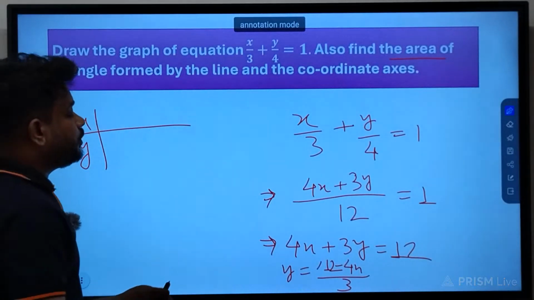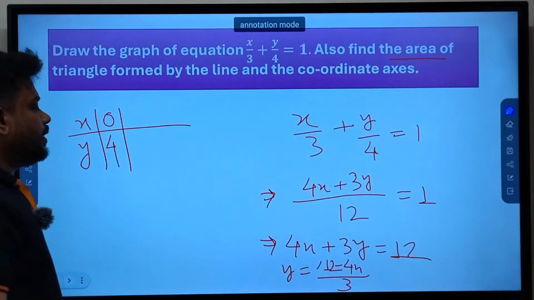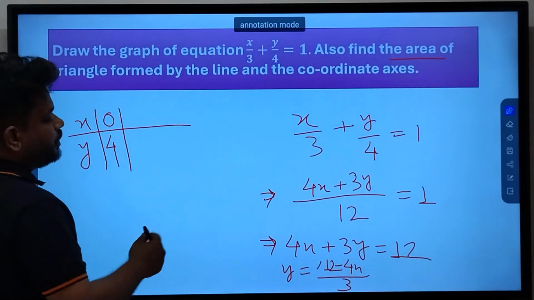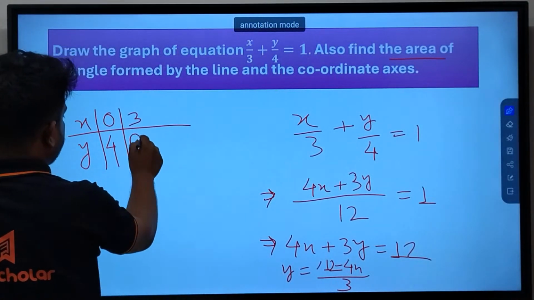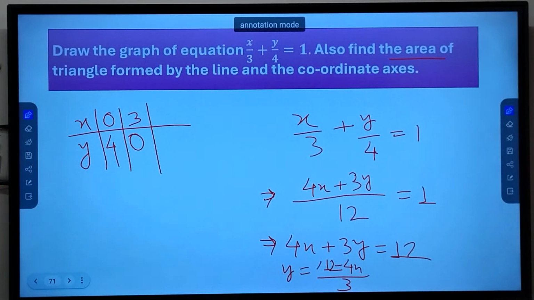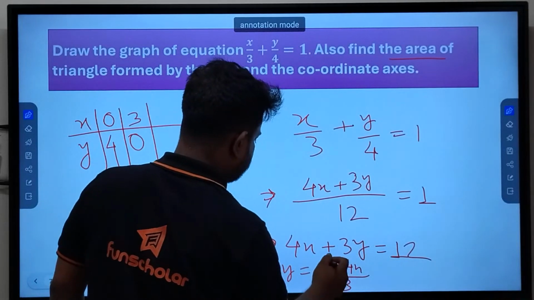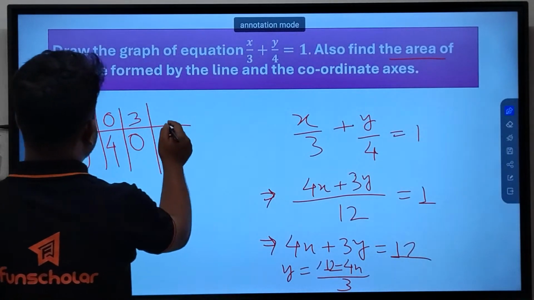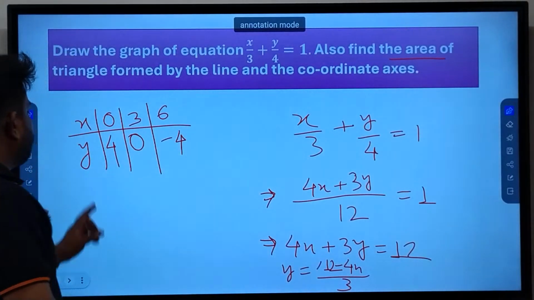Okay, so if you put 0 in x's place, it will be 4 in y's place. If you put 3 in x's place, it will be 0 in y's place. And if you put, maybe take, yes, take 6 in x's place, it will be minus 4 in y's place.